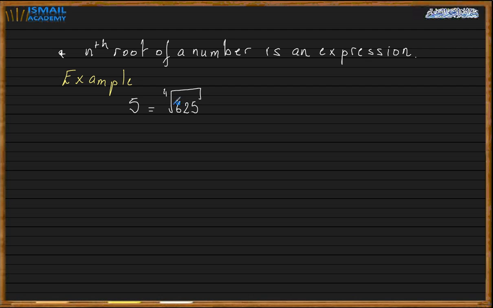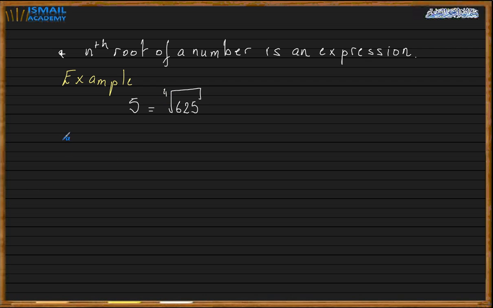And as you know, 625 is the fourth power of 5, which means that inside the radical we have a power. This is just another notation of that value, which means that this is an expression. The number is 5 by itself, but this is just an expression that represents 5 in terms of fourth root.